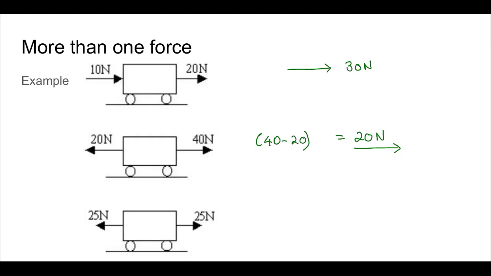In the last one, we've got 25 newtons pushing one way and 25 newtons pushing the other way. So these are going to exactly cancel, and we'll have 0 newtons. There's a fancy term for this in physics: it's in equilibrium.